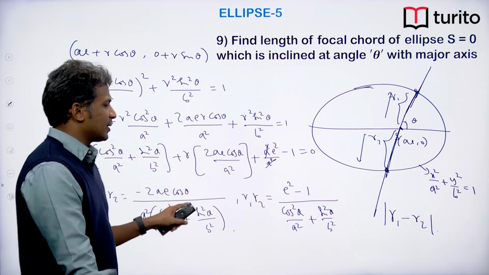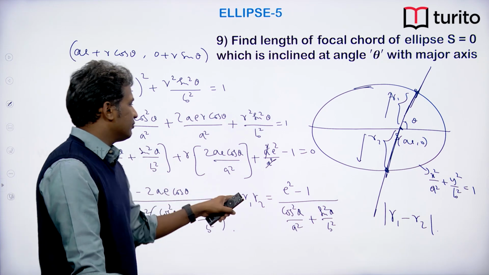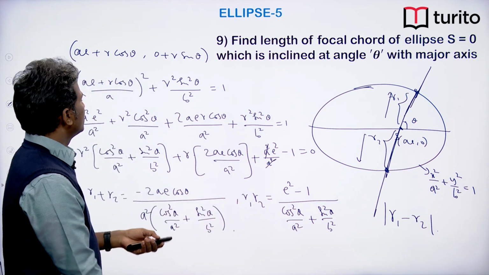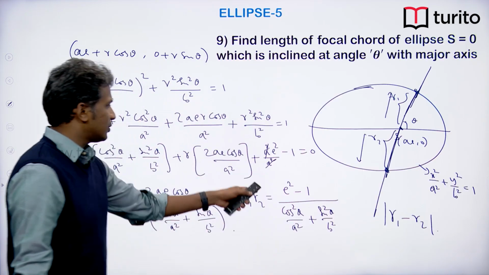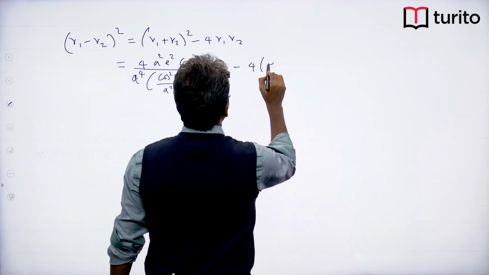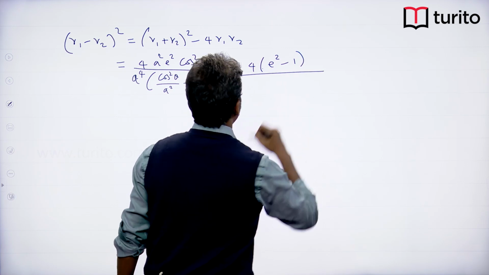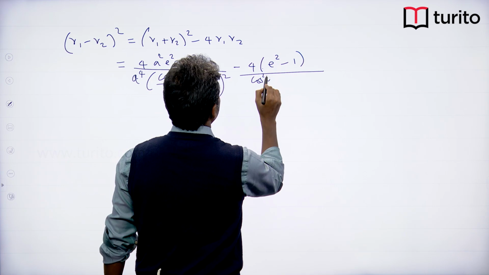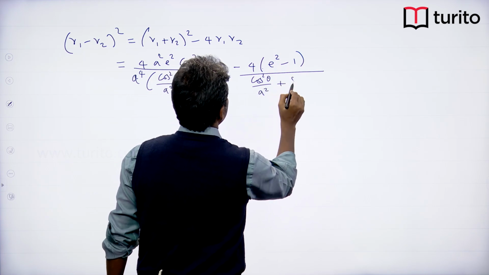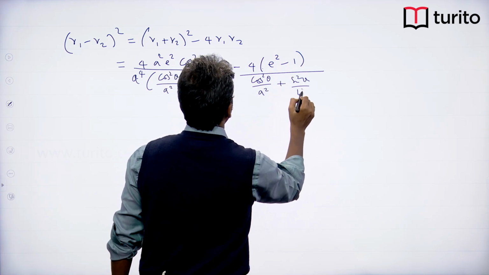That is our R1 plus R2 whole square. Now, 4 into R1 R2 must be subtracted here. So, 4 into what is R1 R2? It is E square minus 1 divided by cos square theta by A square plus sin square theta by B square.